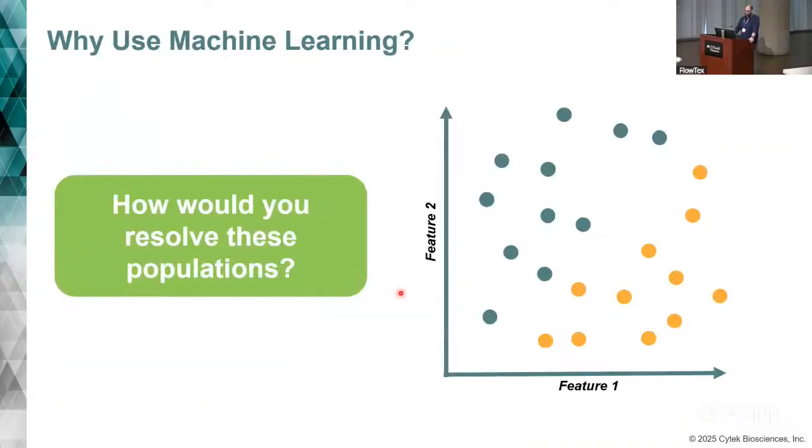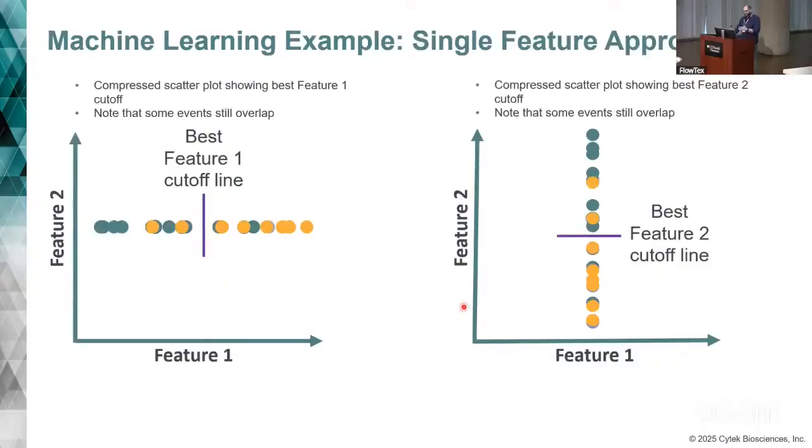And so why would we then use machine learning? We already have two features that are kind of showing some differences here, right? But if we just had one feature here and another feature here, where would you draw that line? And it can be challenging. If I didn't have the yellow and the blue in here, you'd be like, I don't know, where do I draw that line? And if you use a singular feature, there's still kind of this crossover that can happen, right?